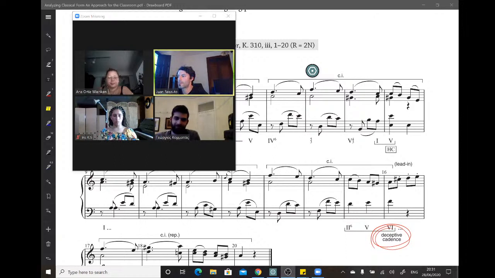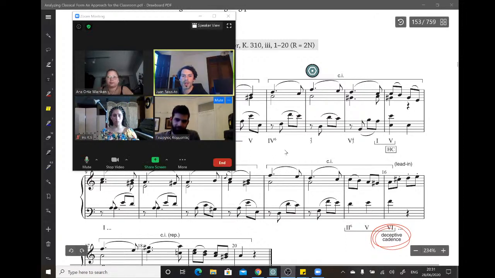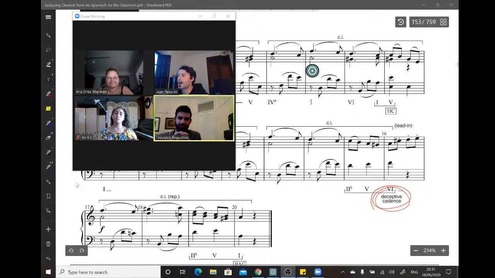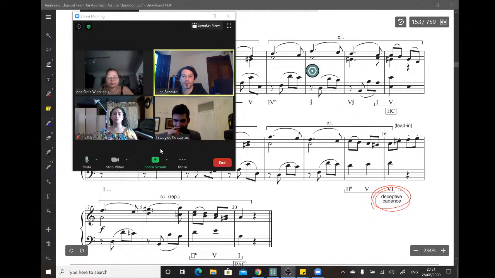So basically, let's listen to this one again. 5/5. Okay. All good? So can you hear the deceptive cadence? Yeah? And also, can you see that this deceptive cadence helps to reintroduce the contrasting idea with a further, more powerful cadential device that allows us to reach the climax? Yes. We cannot see the score if you're showing, by the way. Okay. 1 second.